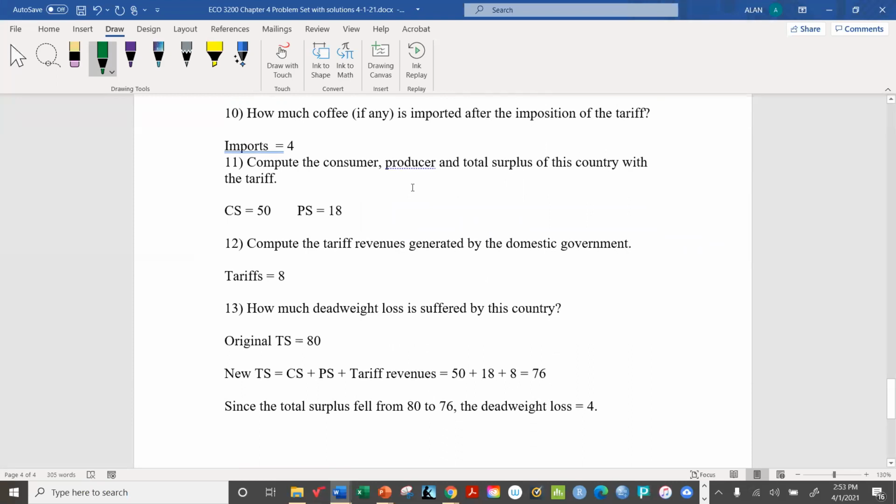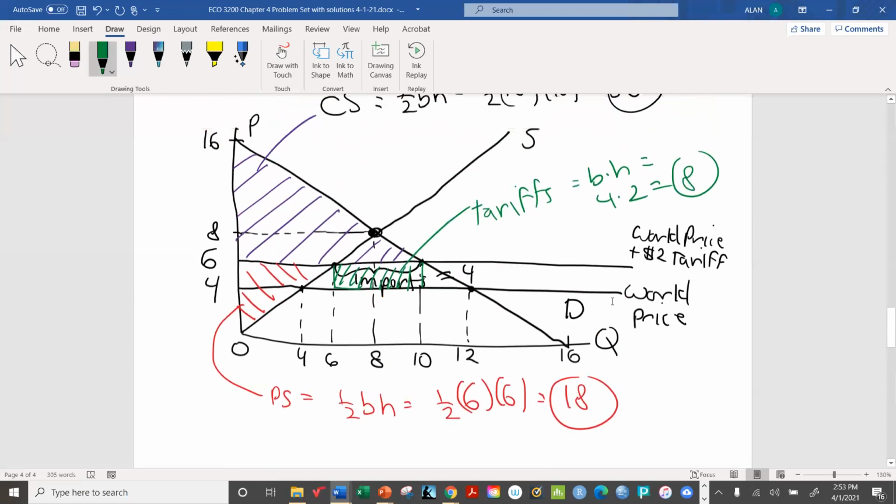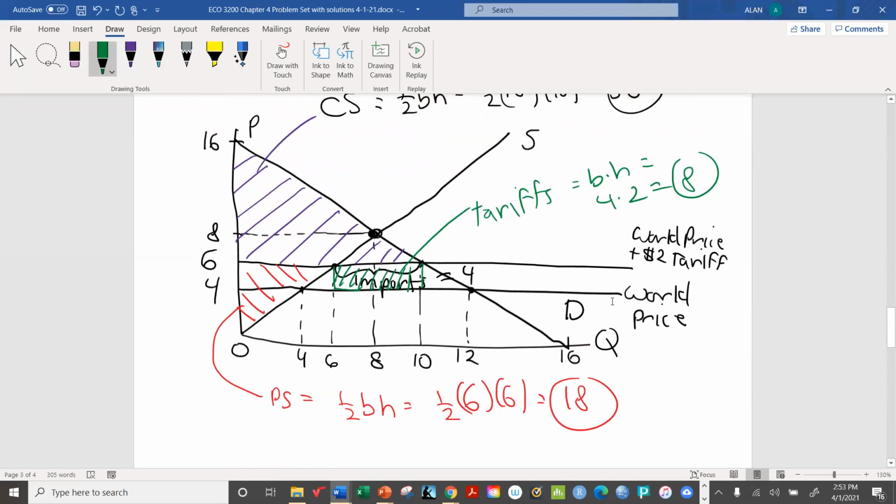Okay, so that's the best way probably to calculate the deadweight loss. Calculate the total surplus without the tariff and compare it with the total surplus with the tariff, and the difference will tell you what the deadweight loss was. If you really wanted to, you could also just come up here and say, all right, listen, the deadweight loss equals the sum of these two triangles.